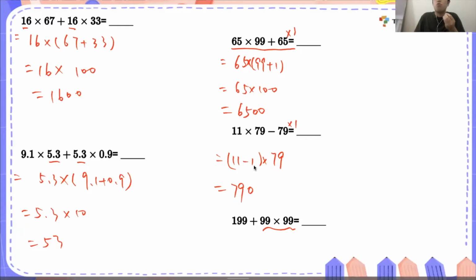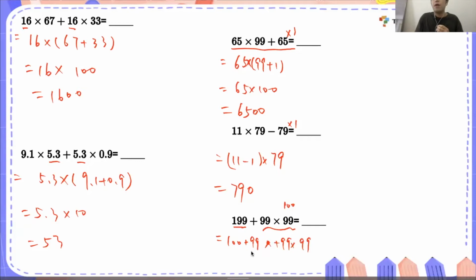If I just change 199 into 100, that should be quite easy, right? So that means if we can find a 99 in this number, it should be fine. Okay, so can we find 99 in this number? Of course we can. That is 199 plus 99 squared, right?